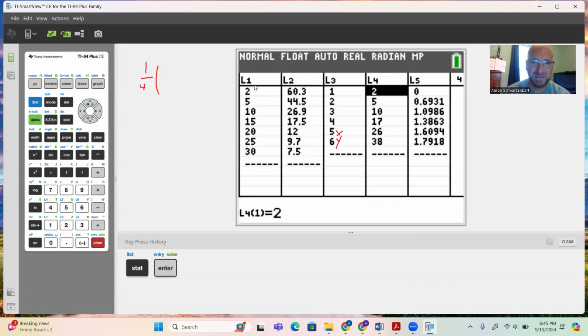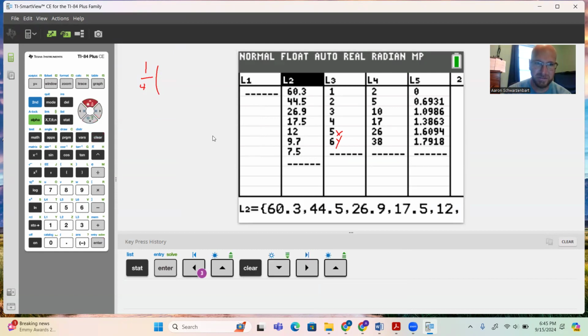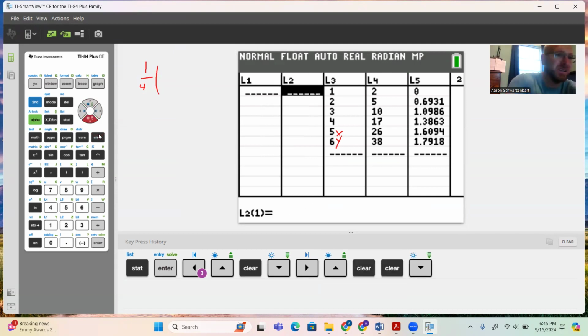I'm going to clear out my first list because I don't think I need them. I'm going to clear both lists right away. And I have a copy of the book, so I'm going to look at that instead of having them on the screen.